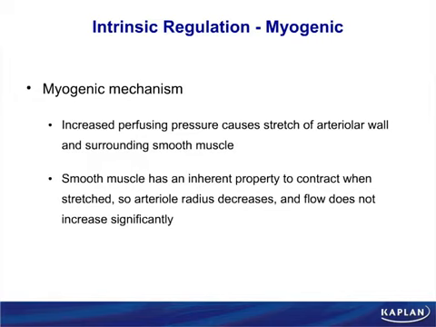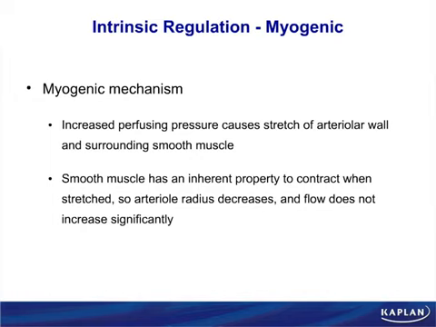A second mechanism is called the myogenic mechanism. And here, this is just a response of smooth muscle. When pressure goes up, it stretches the wall of the arteriole and the surrounding smooth muscle. The inherent property of the smooth muscle is to contract when stretched. So when the blood vessel stretches, in other words, pressure goes up, we get a stretch of the vascular wall. This causes contraction.